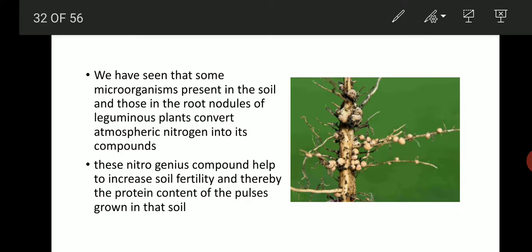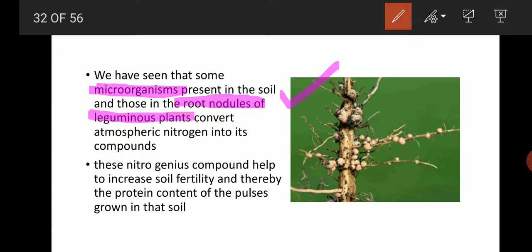We have seen that some microorganisms are present in the soil and in the root nodules of leguminous plants. Now you can see here the roots of a leguminous plant, it is displayed on the screen. Leguminous plants, for example, beans, lentils, peas.